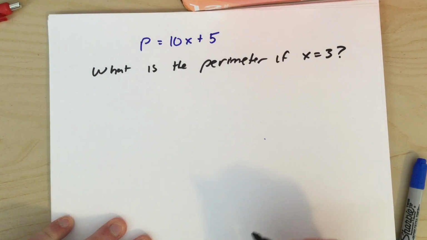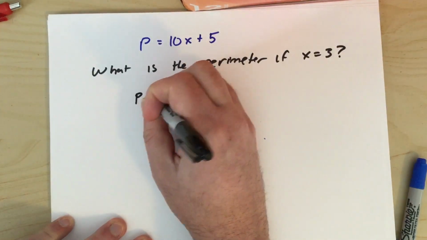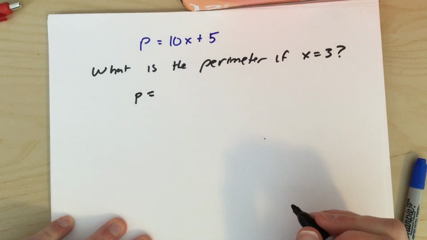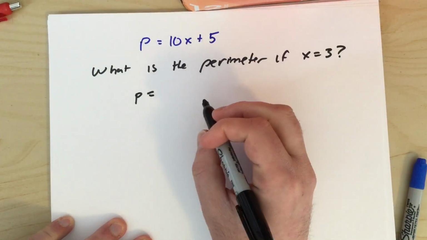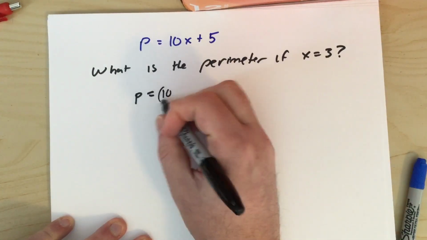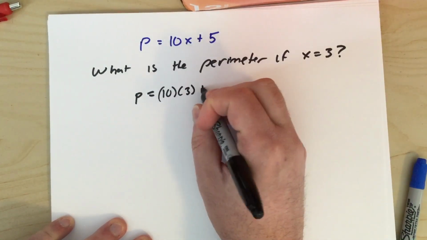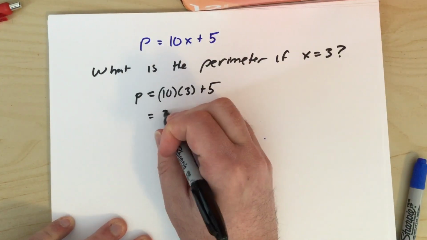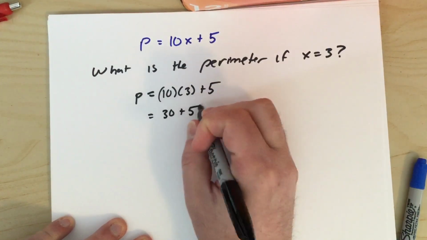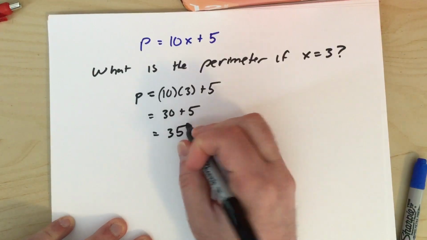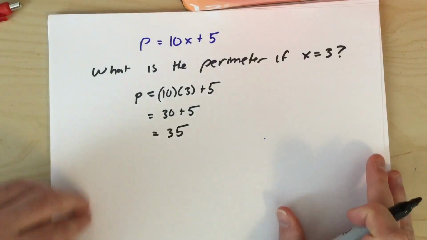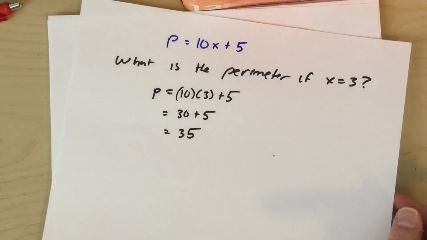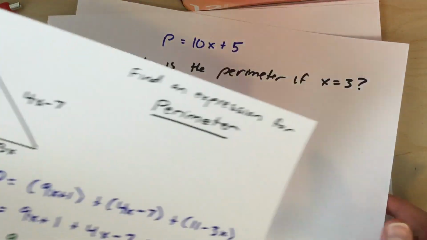If x equals 3, then the perimeter is going to be 10 times 3 plus 5, which would be 30 plus 5, which would be 35. Interestingly, that actually wouldn't be possible with this example.